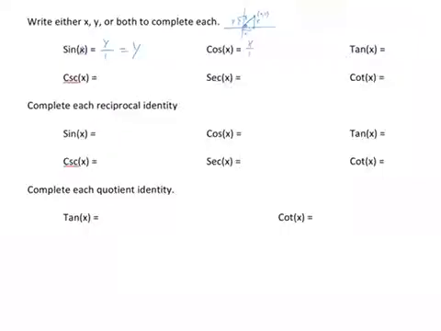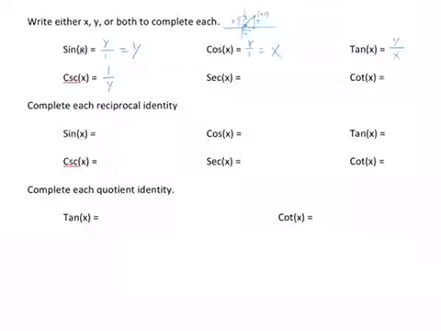Cosine would be x over 1, which is just x. And then tangent is equal to opposite over adjacent, so this would be y over x. And then those other three would just be the reciprocals, so cosecant here would be 1 over y. Okay, I've done 4 of the 6, so you can do that now.